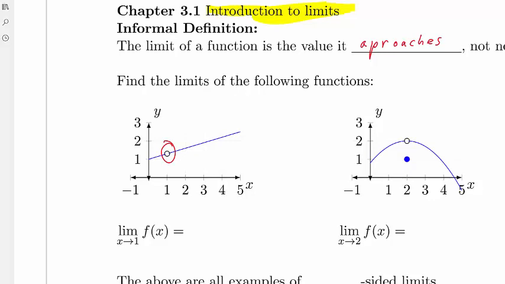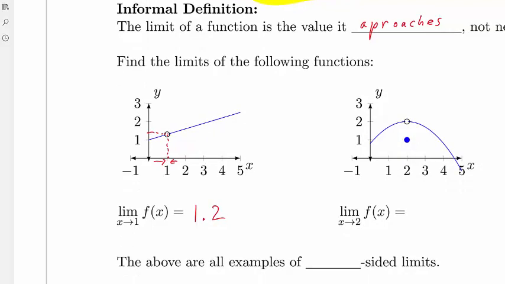The open circle means the function is not defined there. But what we're trying to find is, what happens as x gets closer to 1 from either side? You can see that it is, in fact, approaching this value. We'll call that, it looks like 1.2 to me. We're just eyeballing these for right now, just so we can get the idea, right?